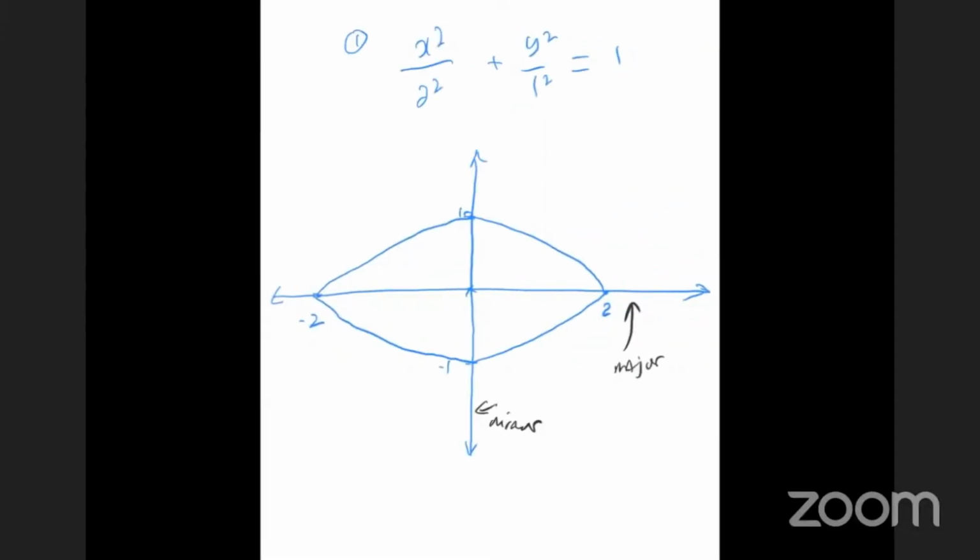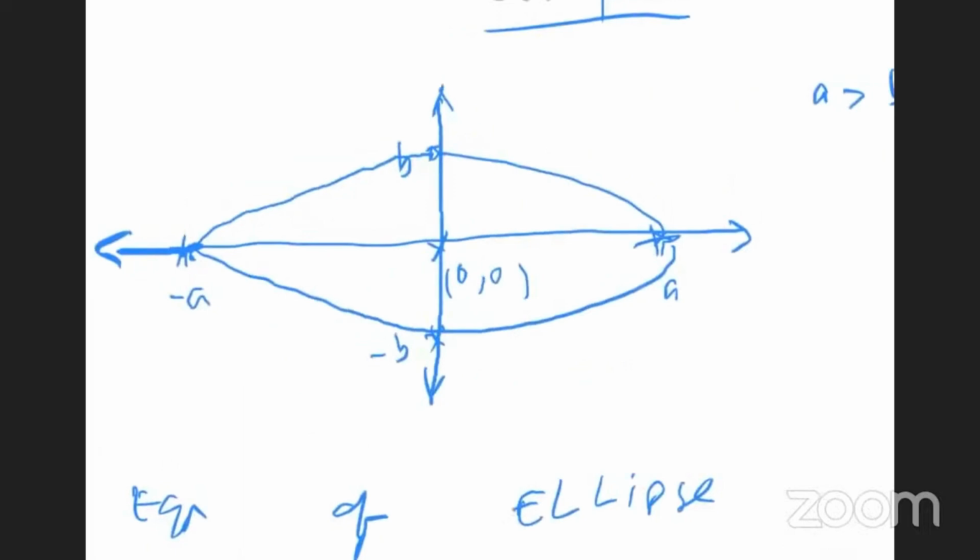Now that we have an idea of how to sketch the ellipse, let's introduce the foci. Let's introduce the points of focus now. If we go back to the first one, there are 2 special points called the foci, C and minus C. Those 2 special points are the same distance from the center.